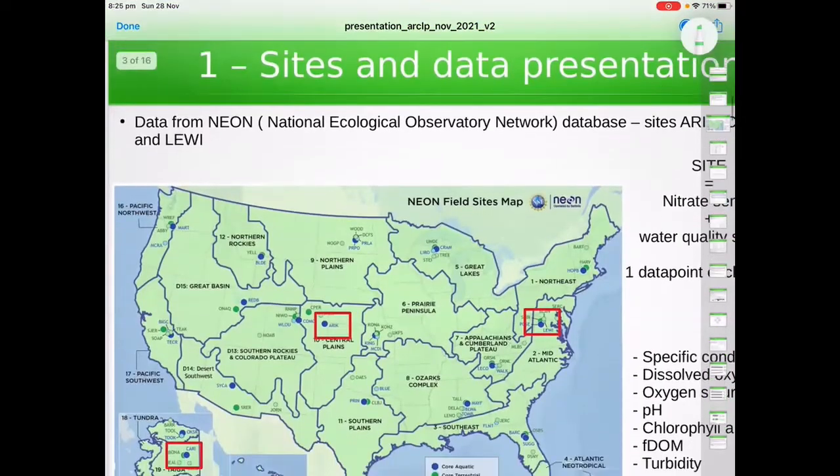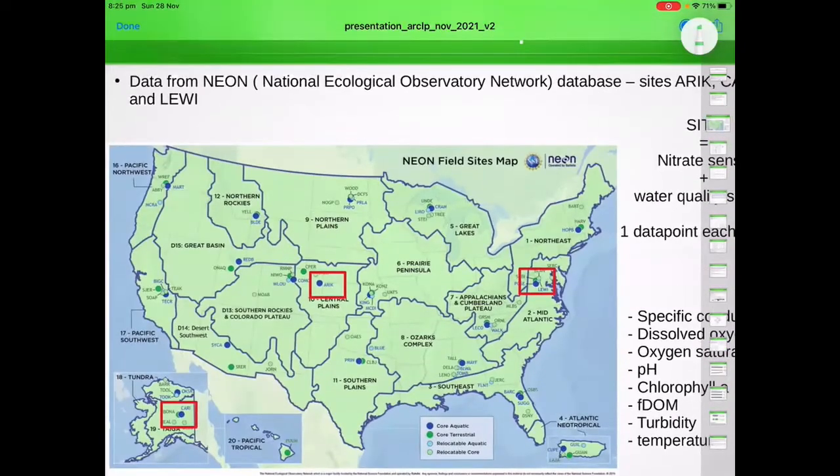So the sites: the data come from the National Ecological Observatory Network, and there are three sites. One is there, just in the middle, one is there and one is there. Macquarie is in northeastern Colorado, so these three sites have different climates.